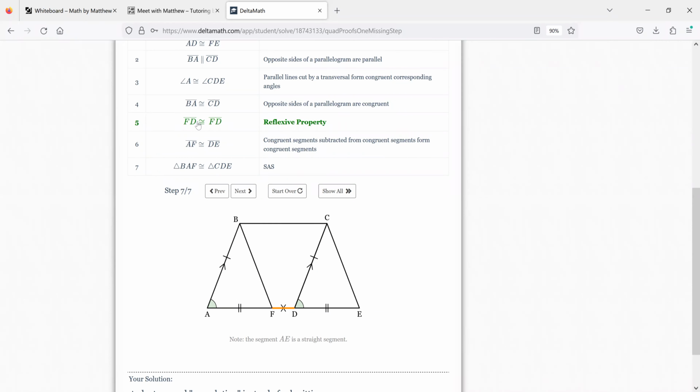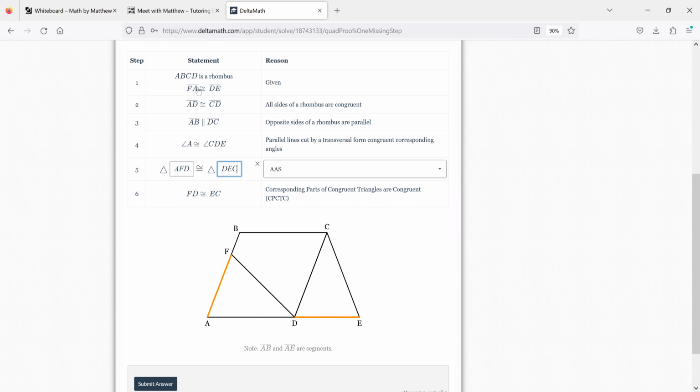All right, FA. I got those wrong as well. FADE. I'm sorry.